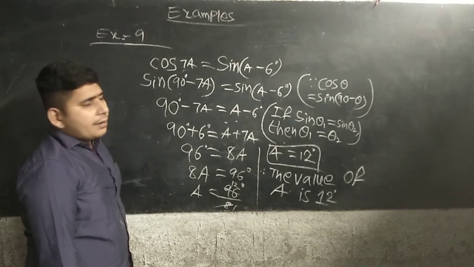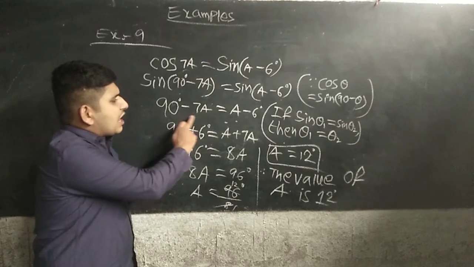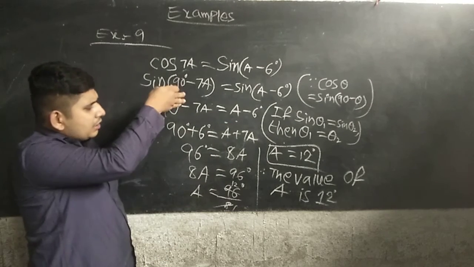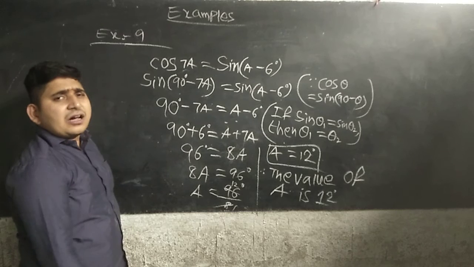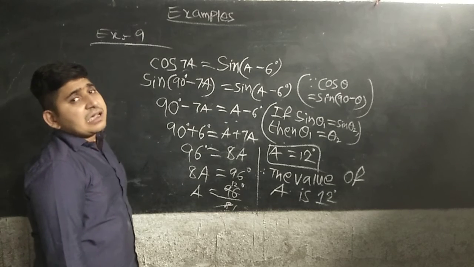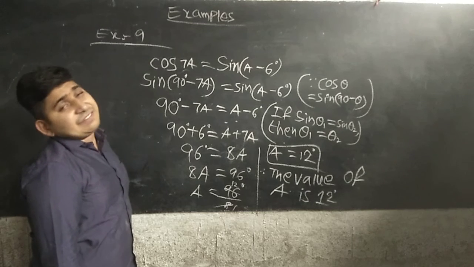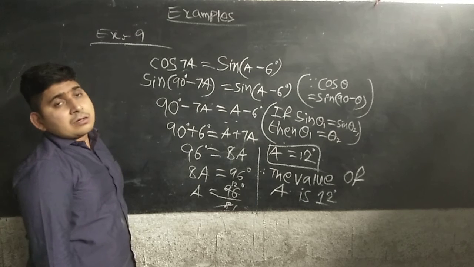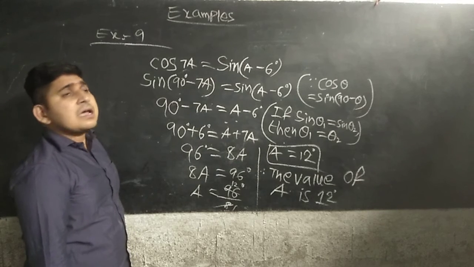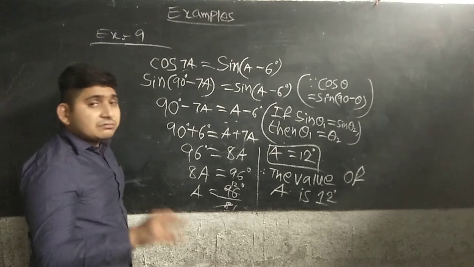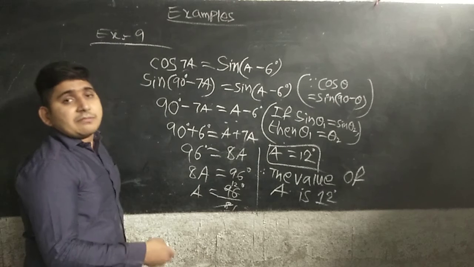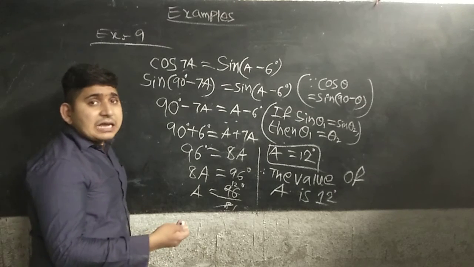So make the two angles equal and use the algebraic method to solve the equation, finding the unknown value. That may be any angle or any value.